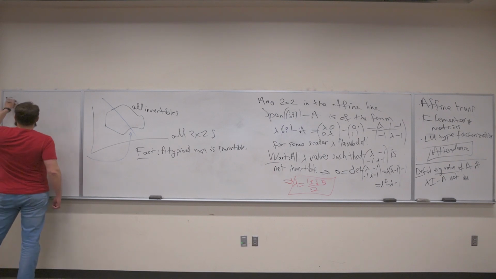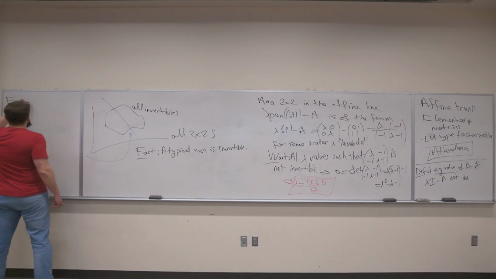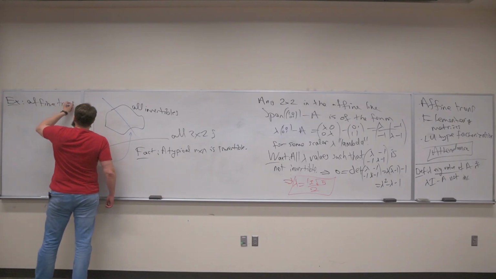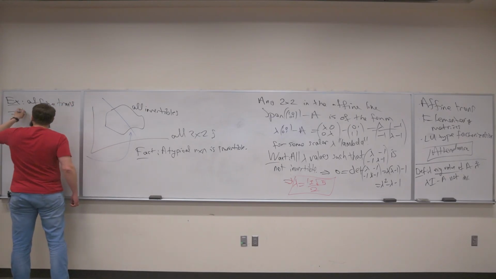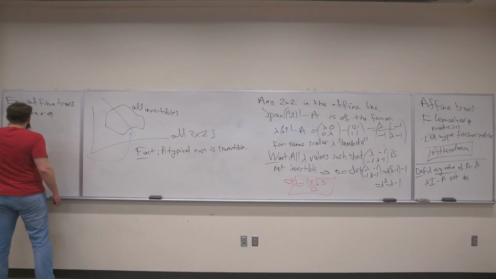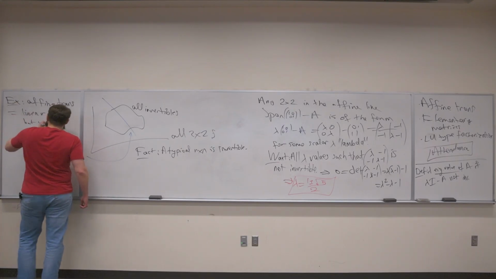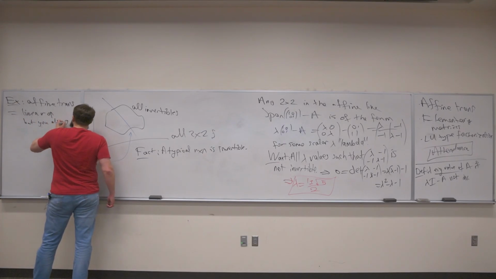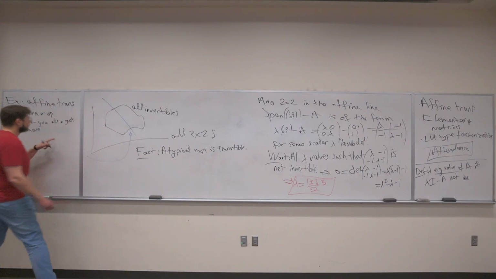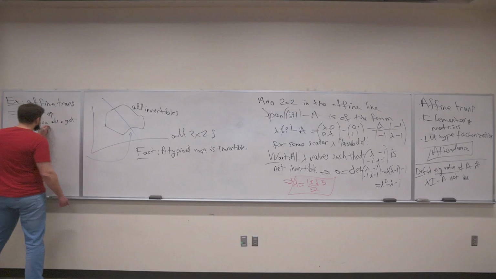So an affine transformation is the same thing as a linear transformation, but you also get to move the origin, move 0.